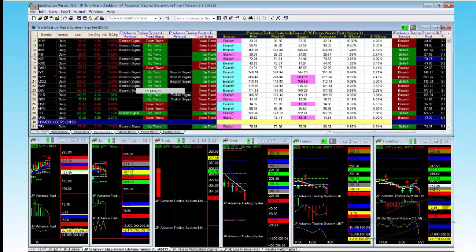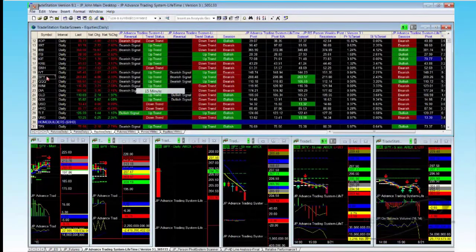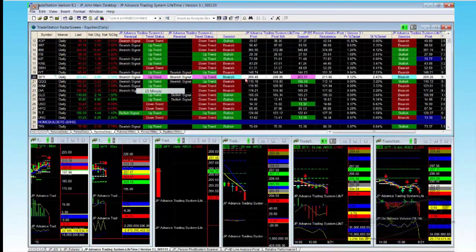So this quadrant where it says the JP Advanced Trading System Lifetime, JP RS Person Weekly Pivot, what that represents is it tells us, number one, emphatically, what the session is for this week starting Monday the 17th.